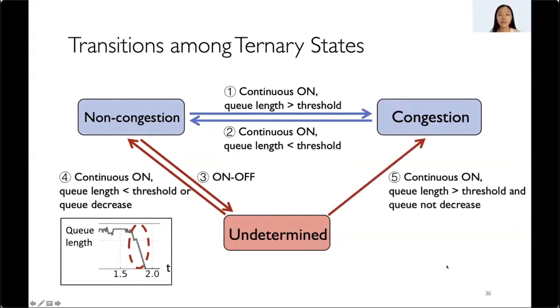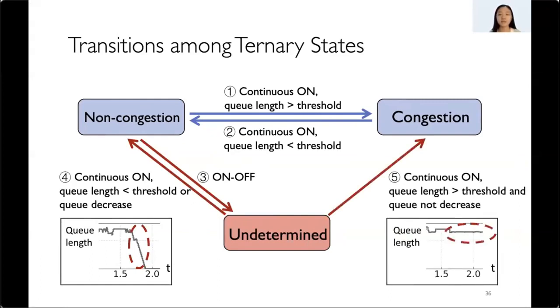Similarly, if the queue length does not decrease after releasing from the undetermined state and is above the threshold, the port transits from the undetermined state to the congestion state. Finally, a congestion port can also enter the undetermined state as soon as the sending pattern changes to an on-off scale.